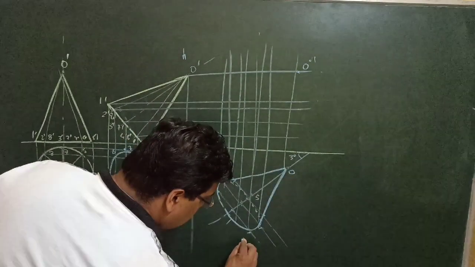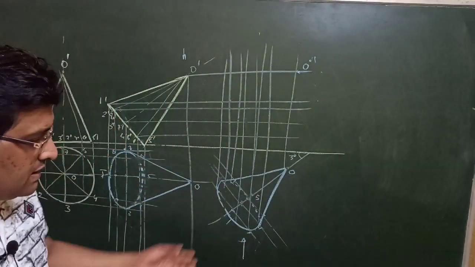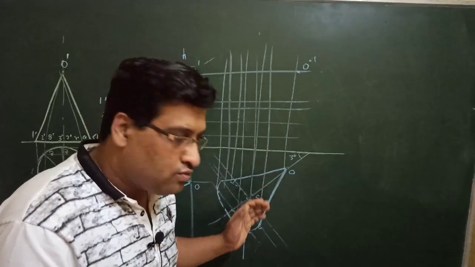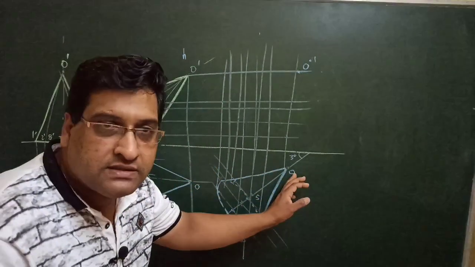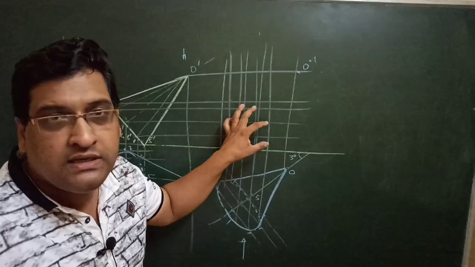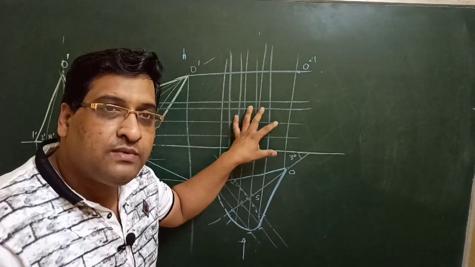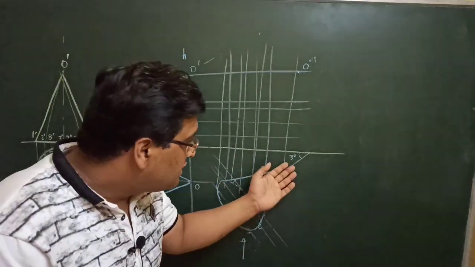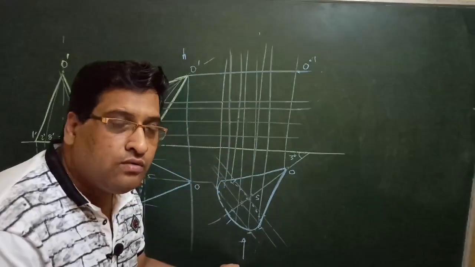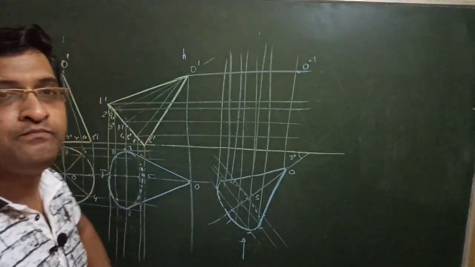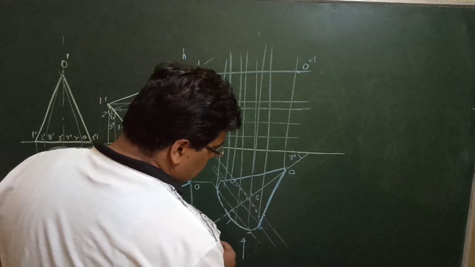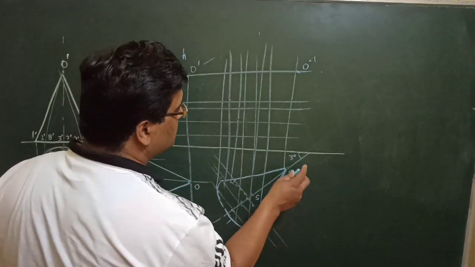Now because after drawing an arrow, the base is nearer to the arrow compared to the apex. So the base is completely visible in the front view. If the apex would be nearer to this arrow, then the base will be hidden. Here it is nearer to the arrow compared to the apex.